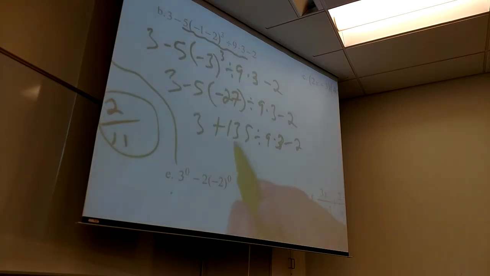What's 135 divided by 9? 15. You see, I'm just working on this middle chunk. 15 times 3? 45. 3 and 45 is 48, minus 2? 46.